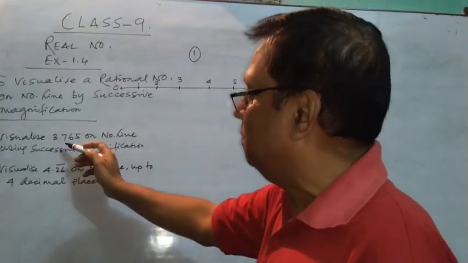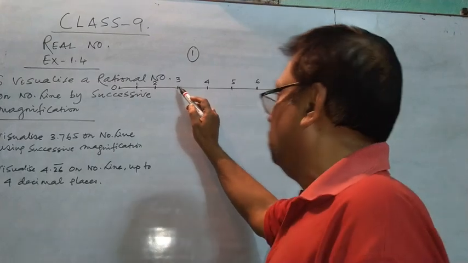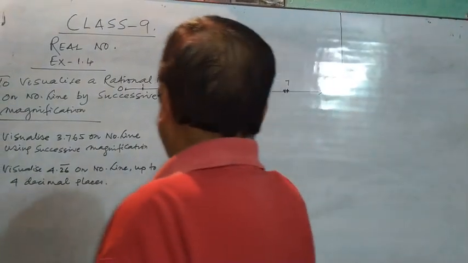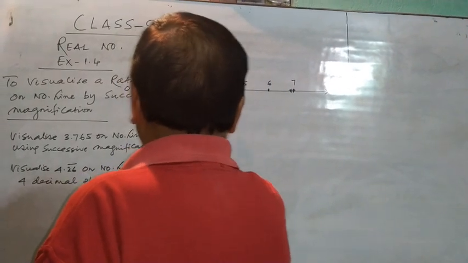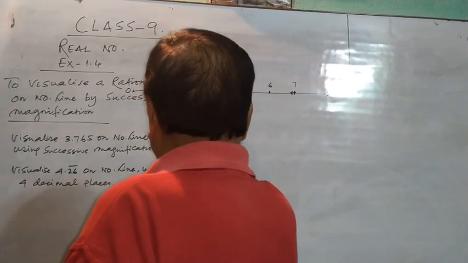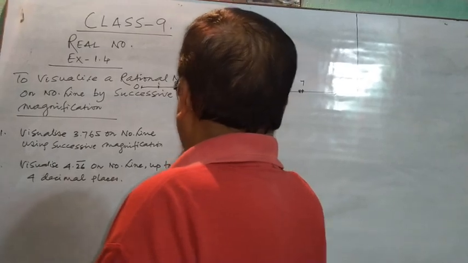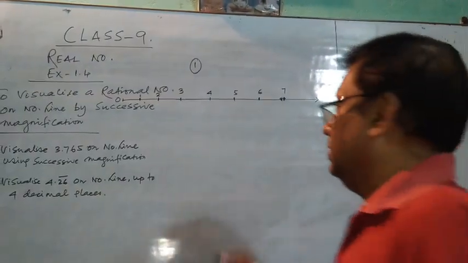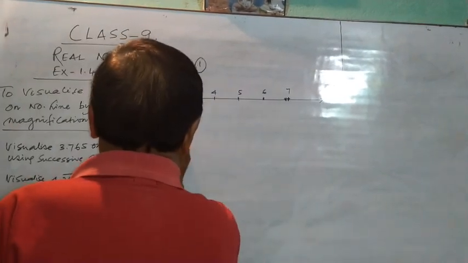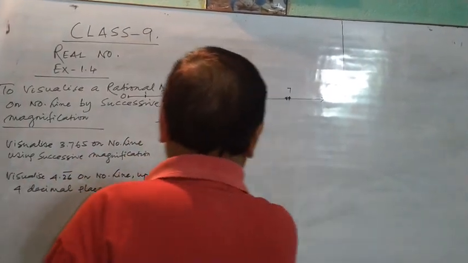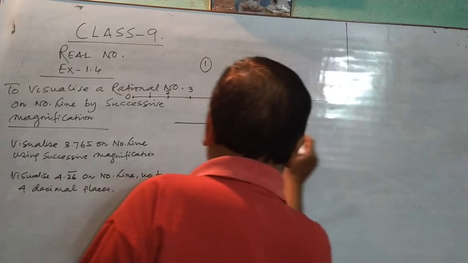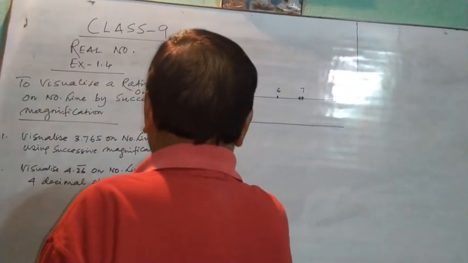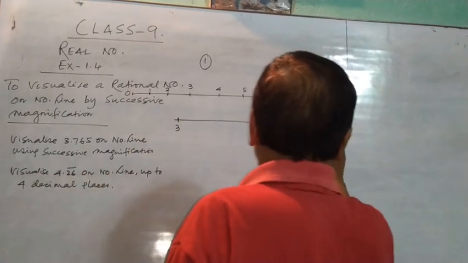Now our number is 3.765. That means the number given in the question is more than 3 and less than 4. What we will do, we will divide this gap of 3 to 4. It is very short, so we will magnify this gap. That means we will draw another straight line as if we have magnified, and 3 comes here and 4 comes here.